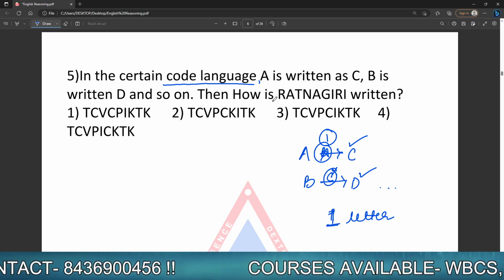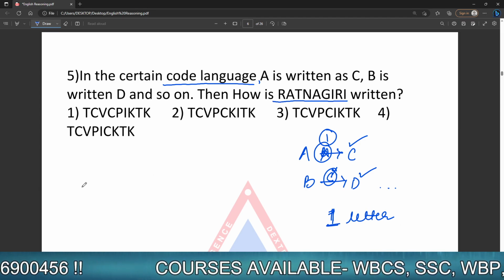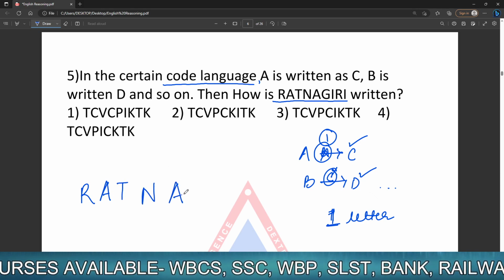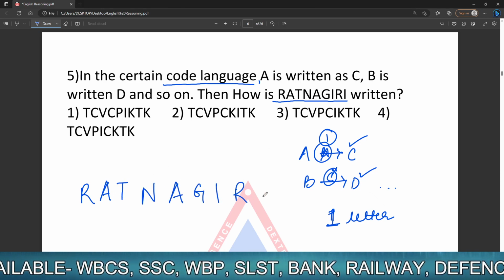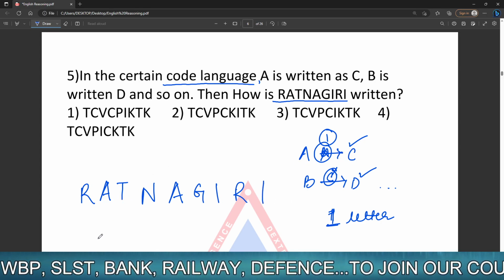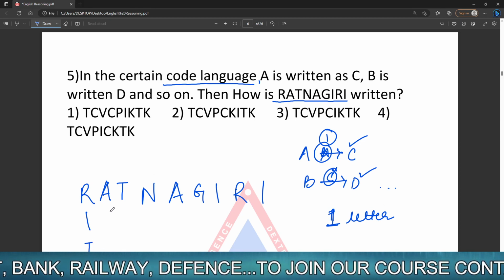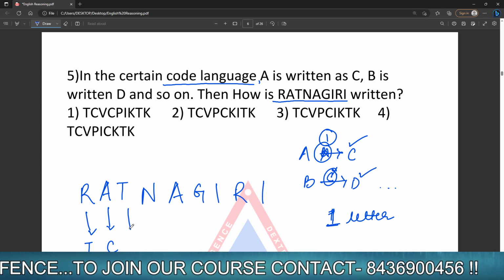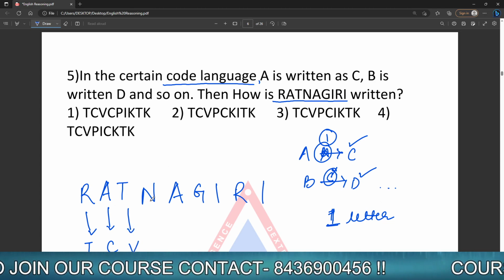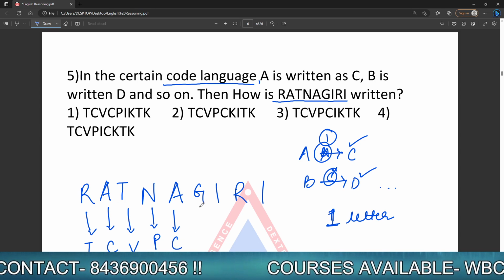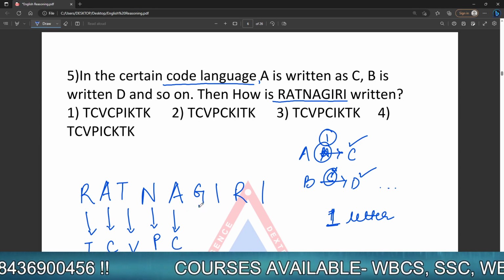So how is Ratnagiri, R A T N A G I R I, written in the coded language? R should be written as T, A as C, T as V, N as P, A as C, because we require one gap.